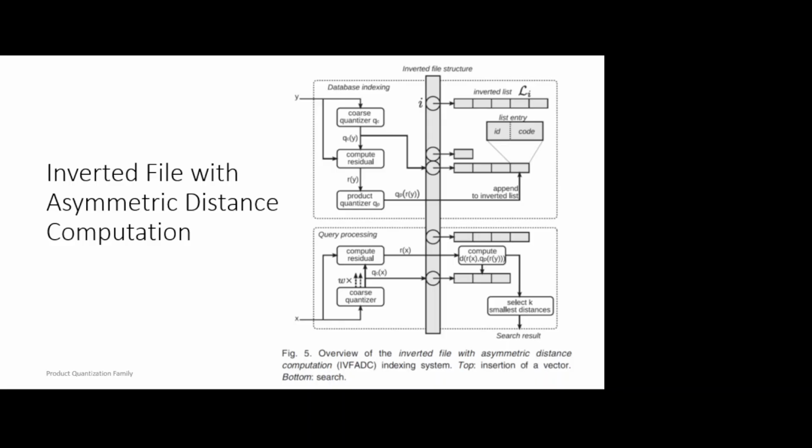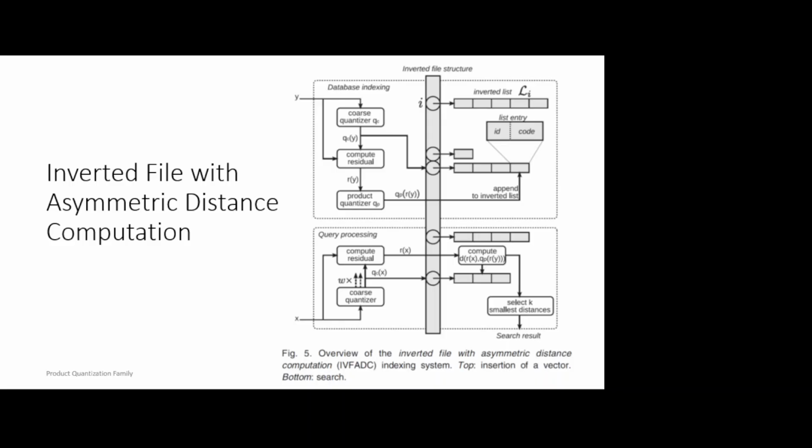Okay, for the bottom part, here we show how to do the query. Given a query data X, we first go to the first level quantization, the coarse quantizer, to find which cluster is close to X. And then we also compute the residual, which is X subtracted by the centroid.